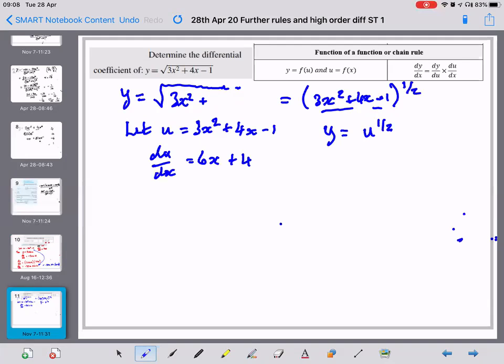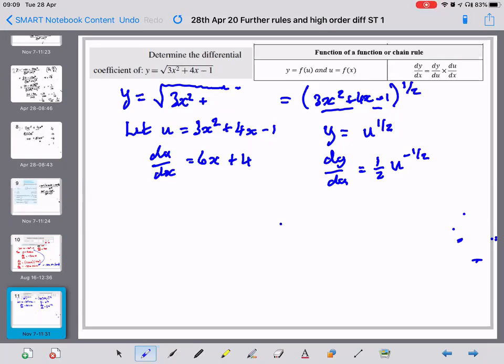So dy by du equals half comes down and multiplies, u to the minus a half. All happy with that?